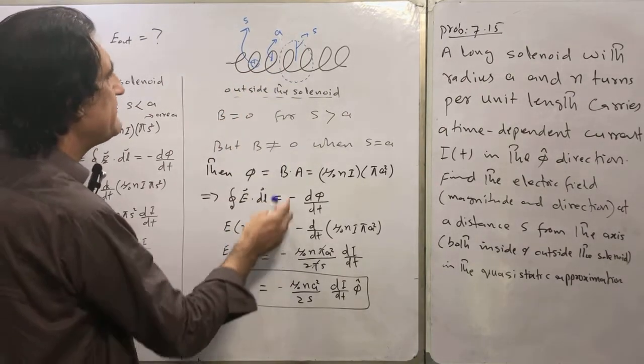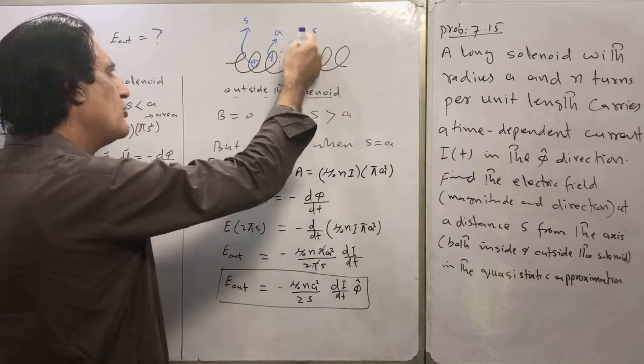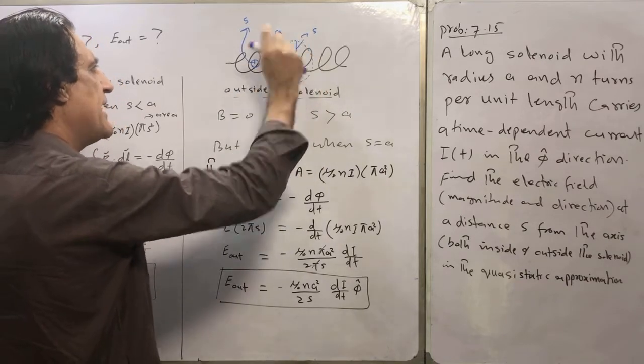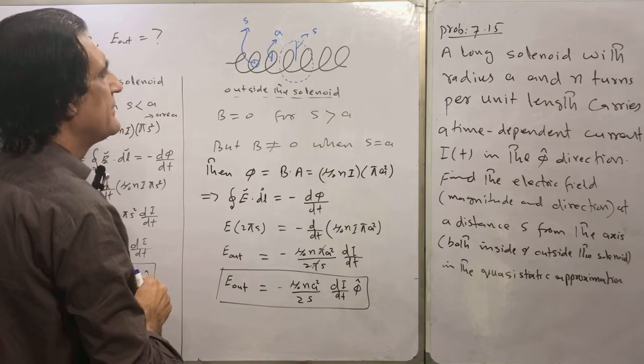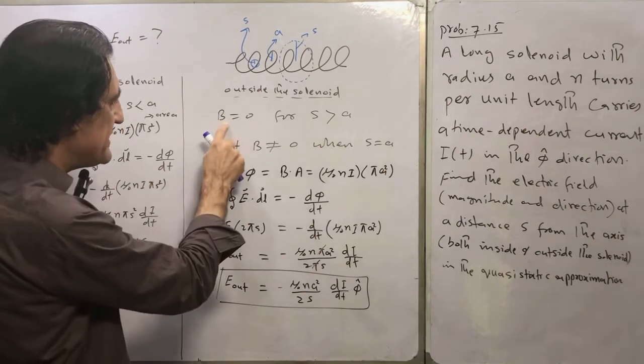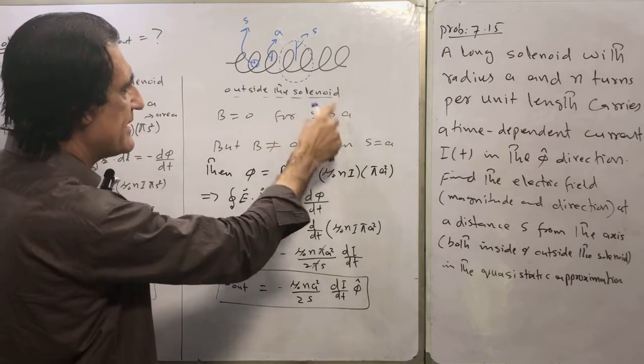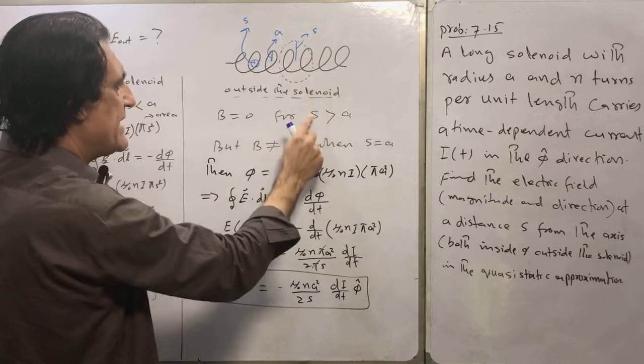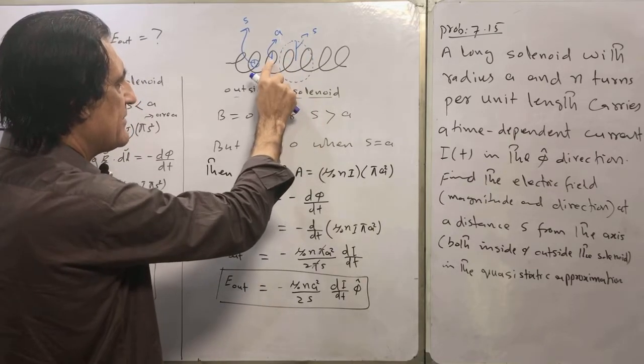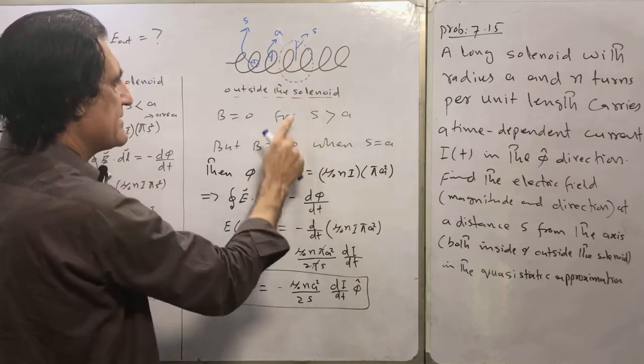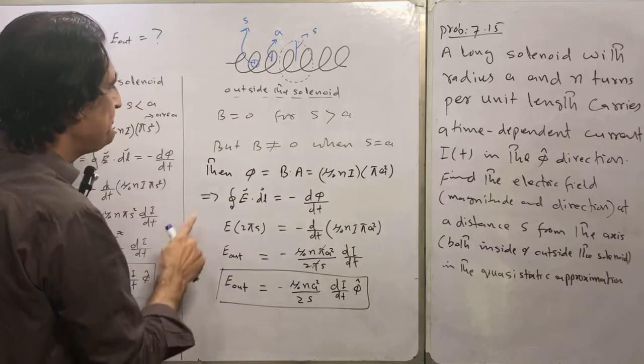Similarly, we consider a loop with radius s outside the solenoid. B is equal to 0 for s greater than a, because this is a and this is s, so s is greater than a.